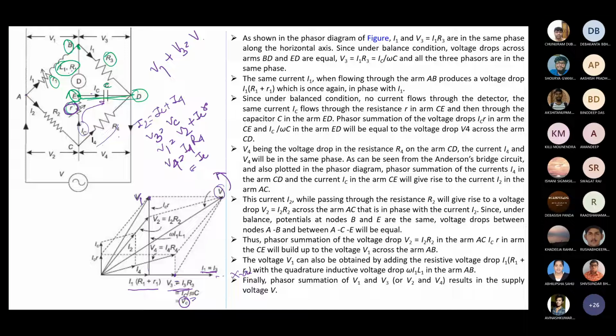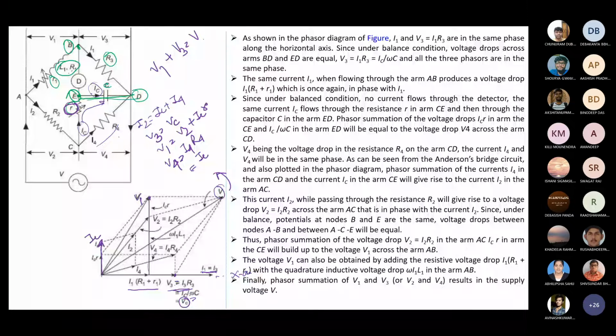Sorry, your I2 current equals IC current plus I4 current. So what is your IC current? V3 equals IC into XC. So this is your V3, and the capacitor current will be leading V3 by a 90-degree angle. So this current is your IC current.